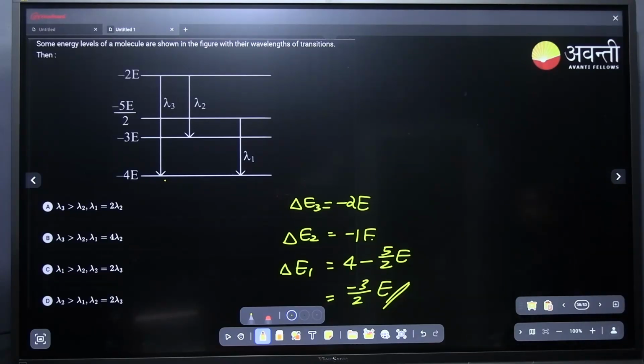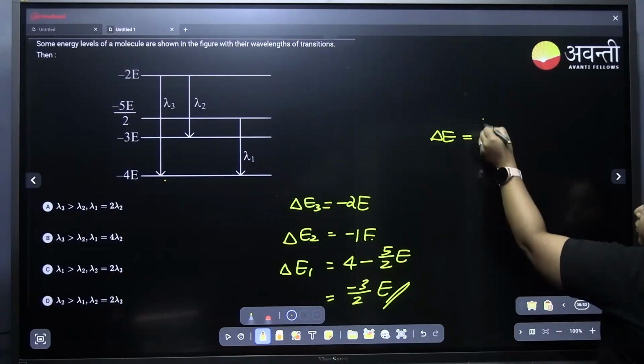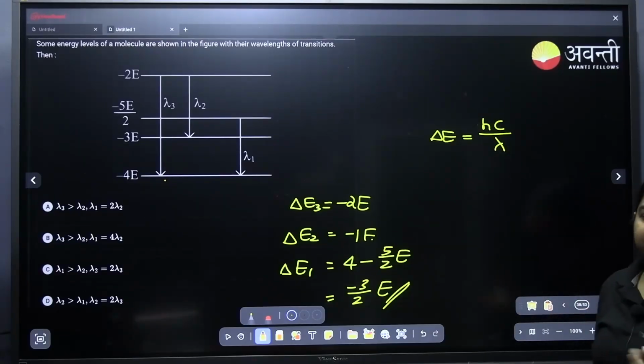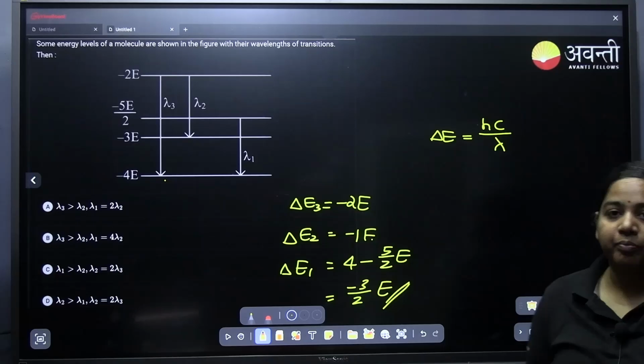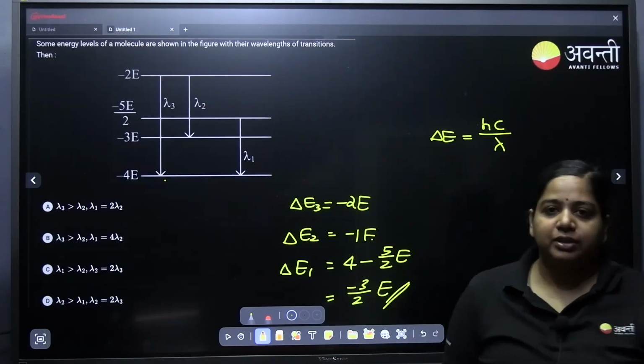And we have these values of energy, and delta E is equal to hc by lambda. From this we are getting the equation, which one? In Bohr model we are getting atomic spectra equation, right?